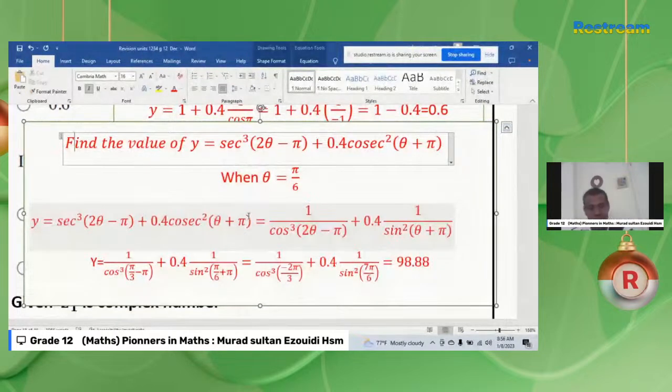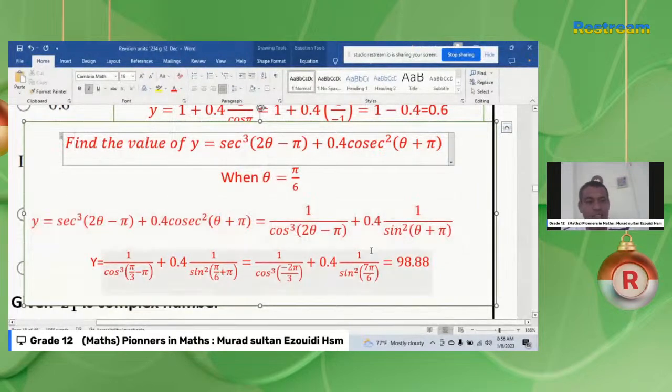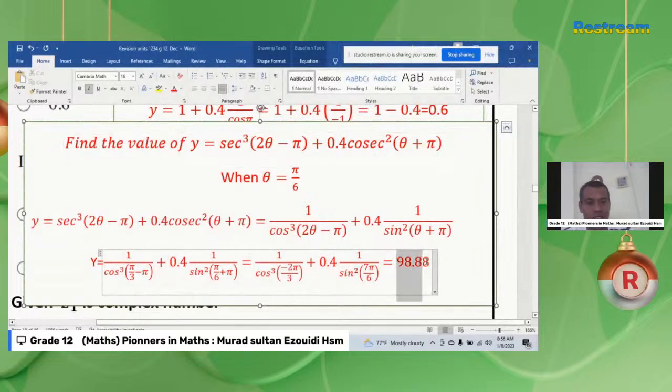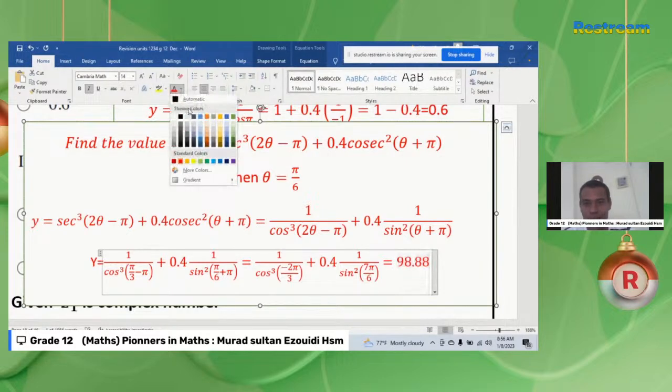You see this number 98.88 means that some learners in grade 12 will get this mark in the final exam, and make sure that you will be okay. 98.88 means in fact 99.